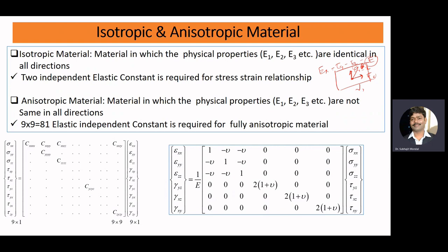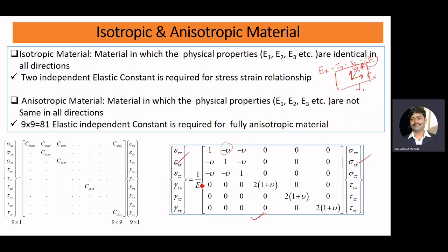Now, for isotropic material, we have two independent elastic constants. So here, if you write the strain and stress relationship, you will observe that we can write it in this form. Then you will observe that we have two independent elastic constants.